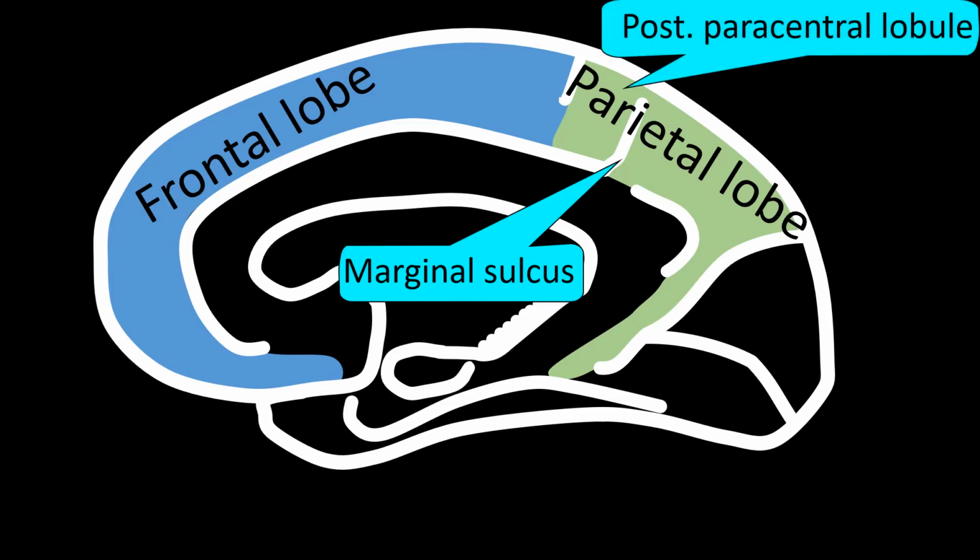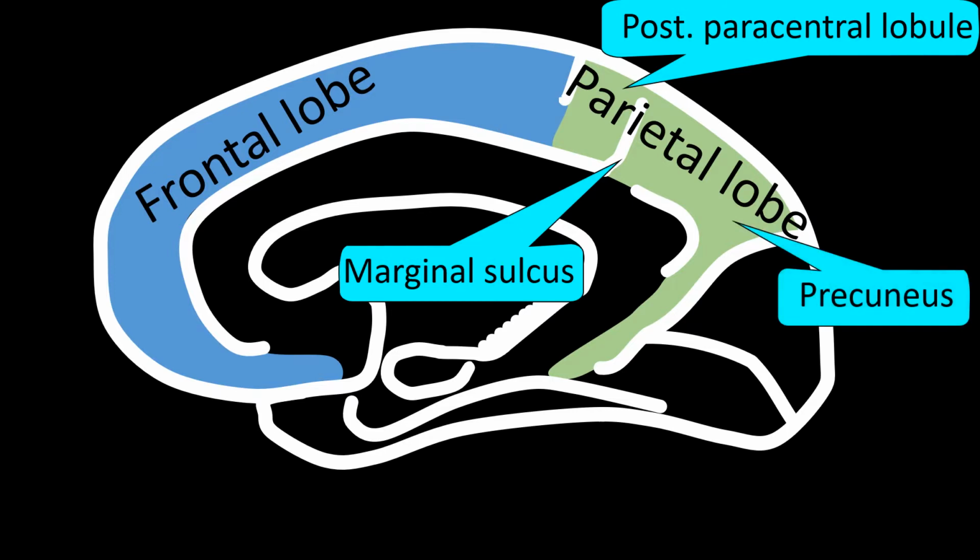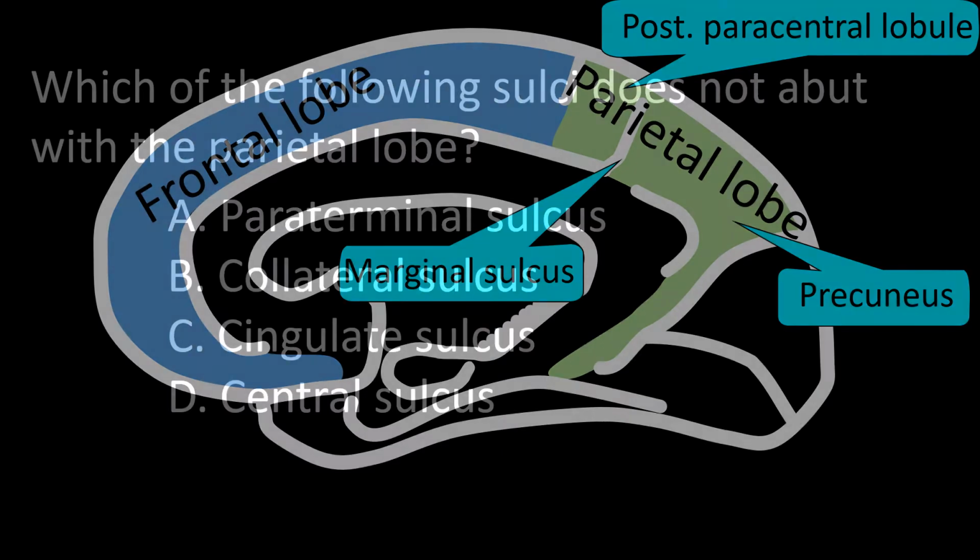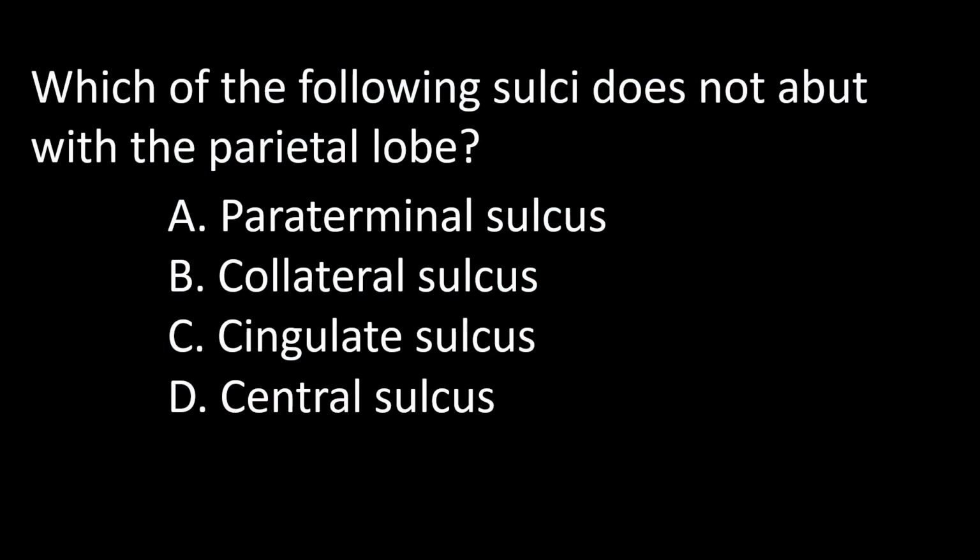Anterior to the marginal sulcus, we find the posterior region of the paracentral lobule. The area behind is called the precuneus. So the answer to this question is A.